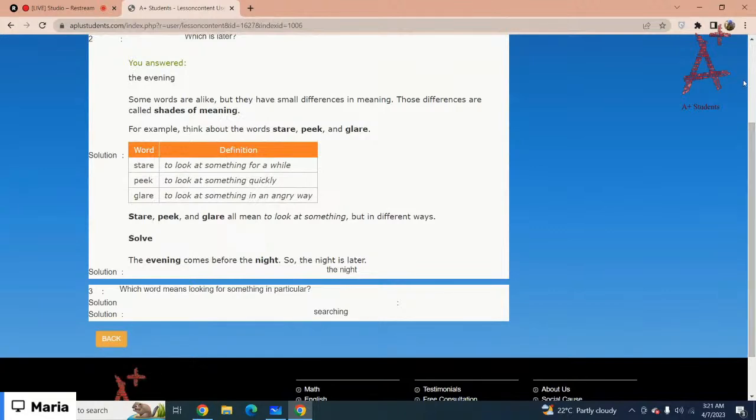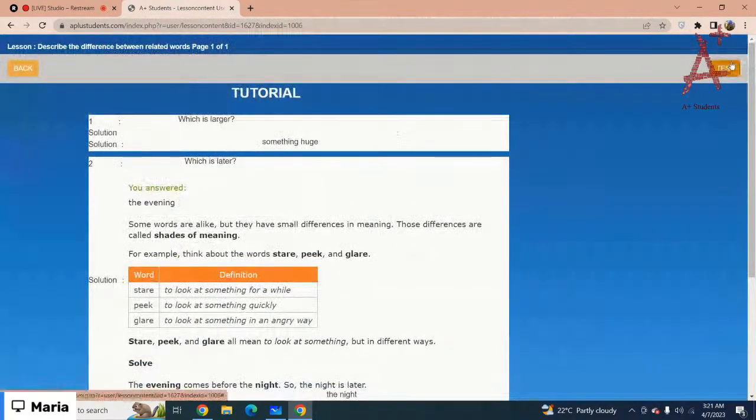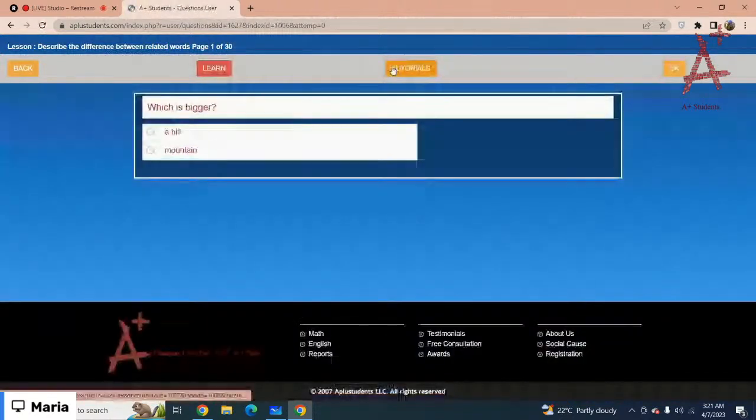Okay, let's start with the test questions. The practice questions are already solved. You can have a look at them. Which is bigger, a hill or a mountain? I think mountain. Got it.